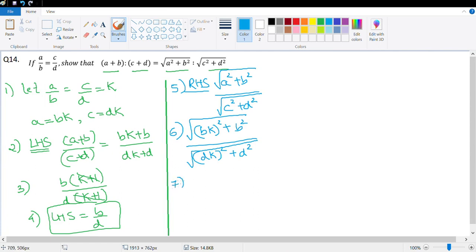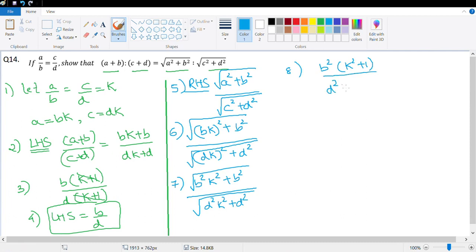Now the numerator becomes B square K square plus B square root upon D square K square plus D square. Let's take B square common in the numerator. So this is B square times K square plus 1, and in the denominator D square is common, K square plus 1, and there is square root on both these elements.